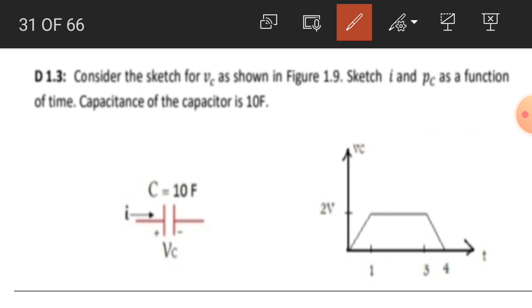We divide this graph into three regions. This is region number 1. You see, in region number 1 the time is changing from 0 to 1. This is region number 2, and in region number 2 the time is changing from 1 to 3.